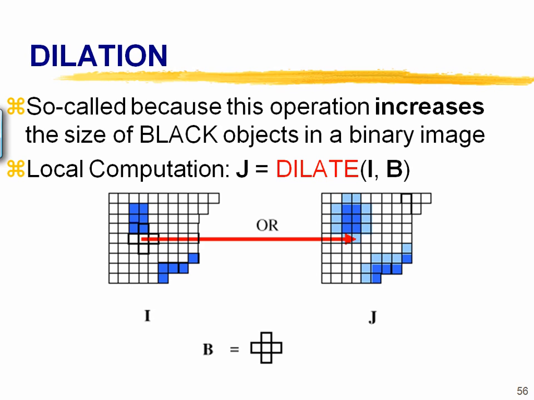The result of that is going to be a 1, right? So now this pixel is going to be colored 1. So as a result, all I've done is increase the size of this object. So this thing looks blue now, right? And I keep doing this across the entire image, and your end product is going to look like this. Right? So you dilated the object. Does that make sense?